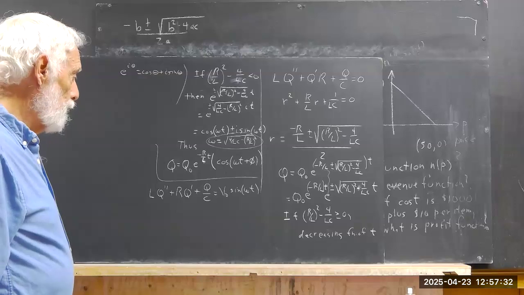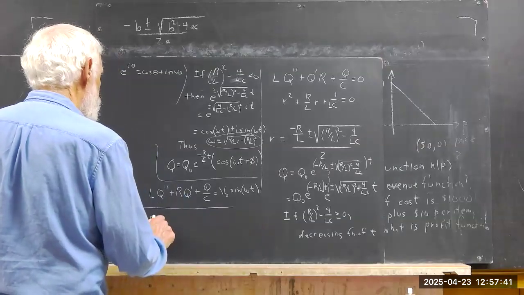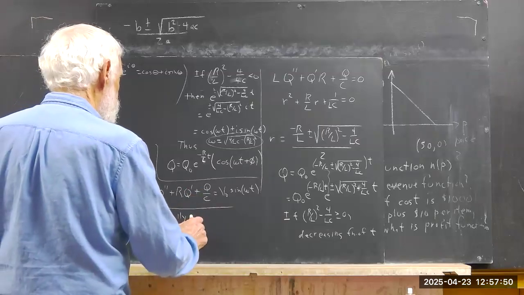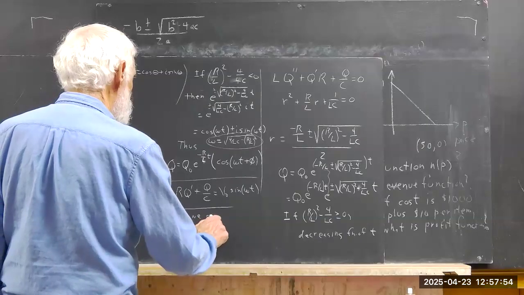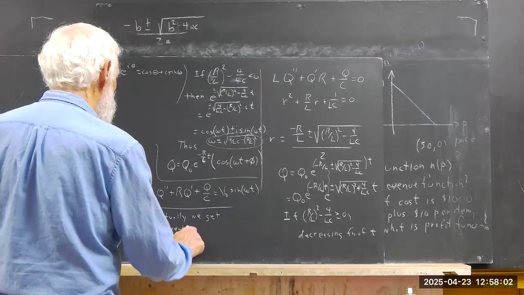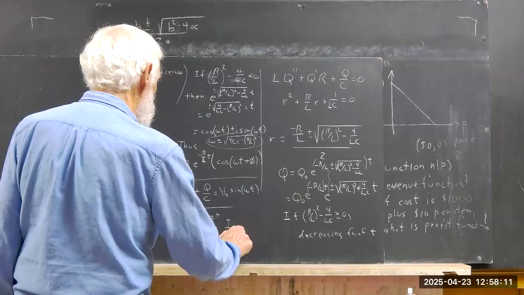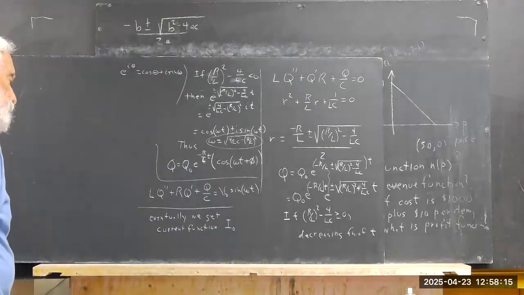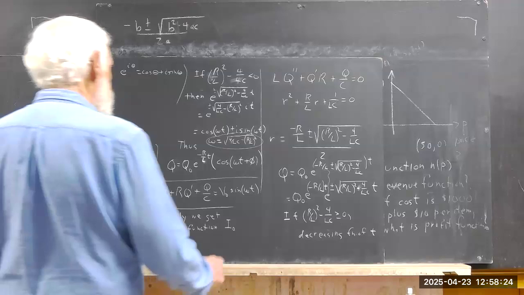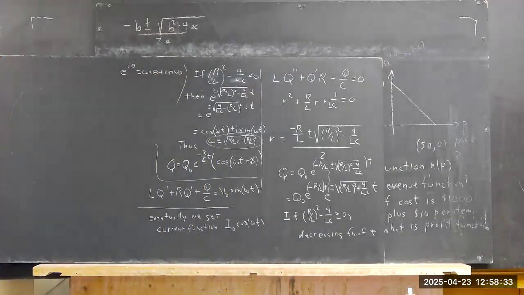Now, if we're driving a circuit with this, no matter what our initial state of the circuit is, eventually the current function is going to be like an I naught cosine of omega t.